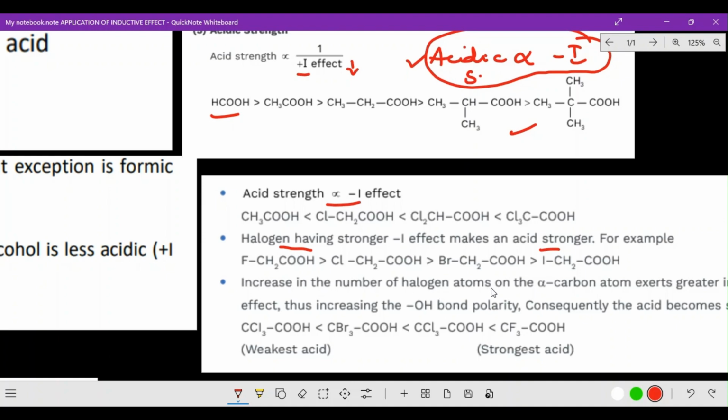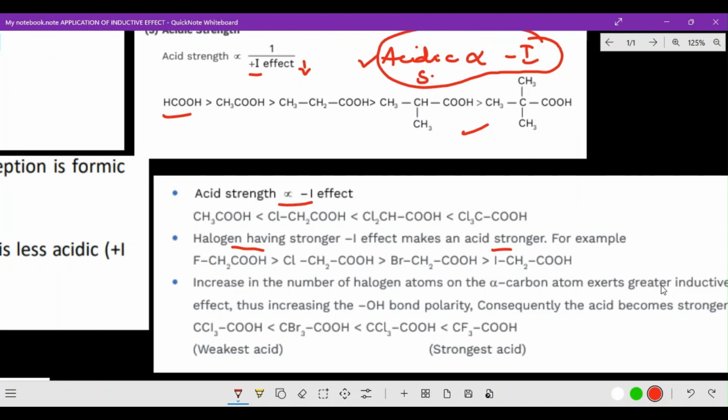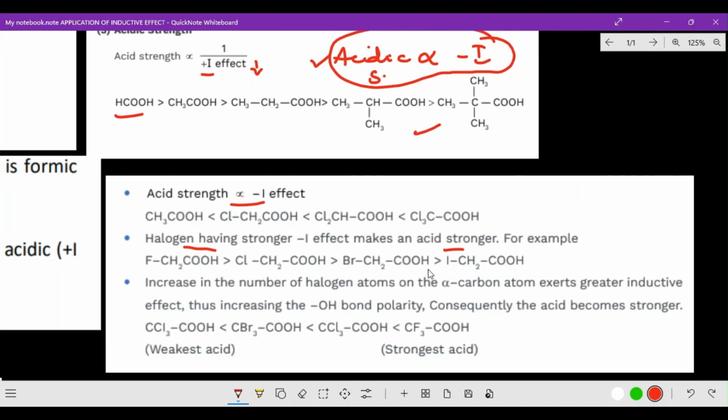Increasing the number of halogen atoms on the alpha carbon atom exerts a greater inductive effect. We already went through the greater inductive effect in the groups, where from top to bottom size is increasing. So the OH bond polarity increases, and consequently the acid becomes stronger.